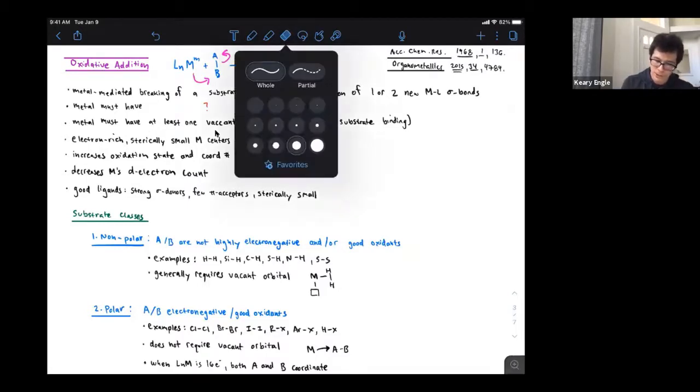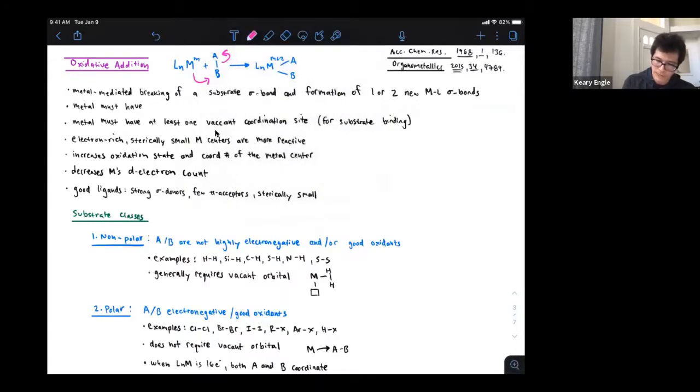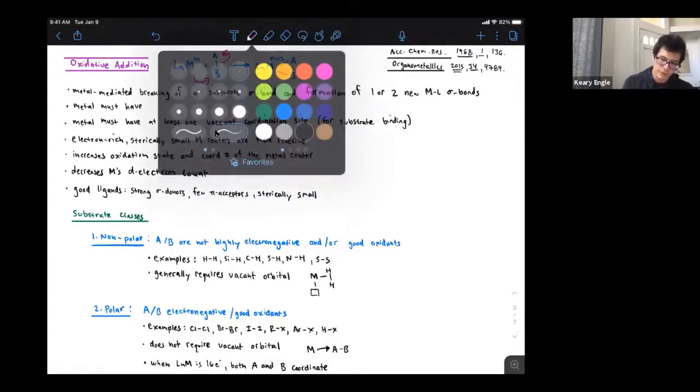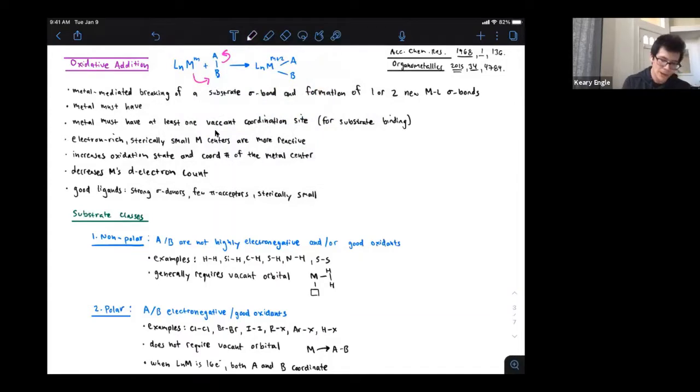For oxidative addition to be viable, again, we had previously said that for a metal to participate in pi back bonding, you need to have the electrons. Likewise, for a metal to participate in oxidative addition, it must have the electrons. So if you're taking an exam, always be wary of d0 metals, if you're proposing them to undergo oxidative addition.